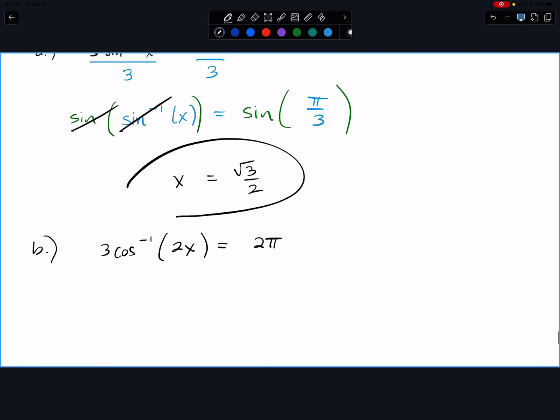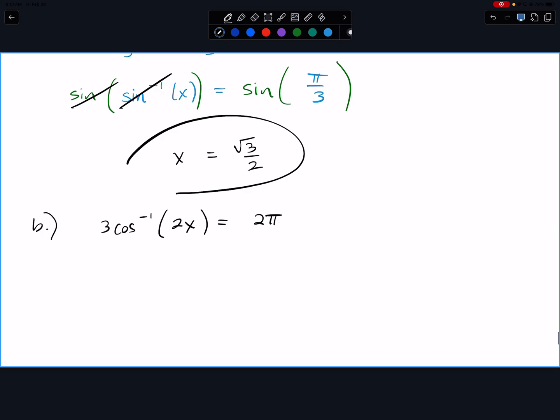So what's my first step I should do? Divide by 3. So cosine inverse of 2x is equal to 2 pi over 3.